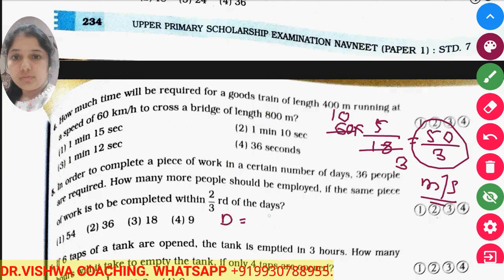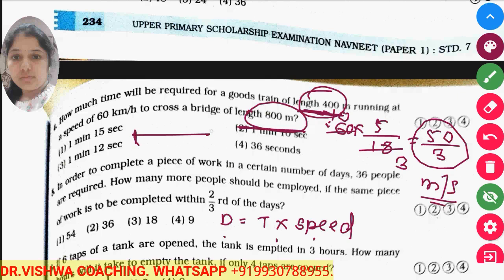Now you have the formula: distance is equal to time into speed. And here you have to calculate time. Speed you know, distance you know. Now what is the total distance? Total distance is 400 plus 800, because 400 is the length of the train and 800 is the bridge's length. Suppose this is an 800-meter long bridge and this is your train.